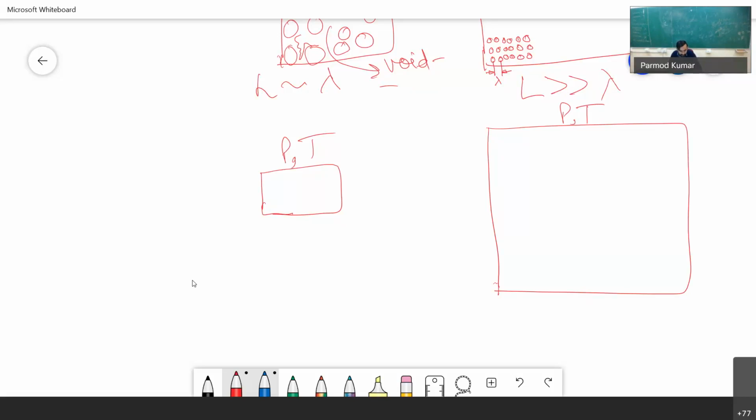Next question: in an open system, is there any change in mass? Yes, in an open system there may be a change in mass, as I have told you.